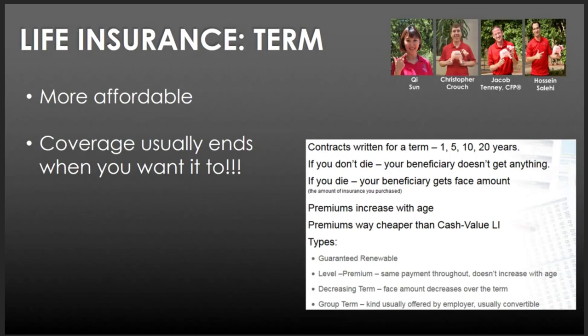I don't think we'll ask questions about the types of term insurance, like guaranteed renewable level premium or decreasing term, but you should better know the difference between these two types. There's no question in the exam about this.